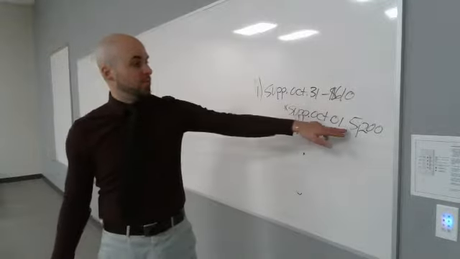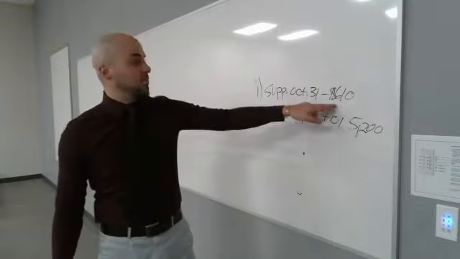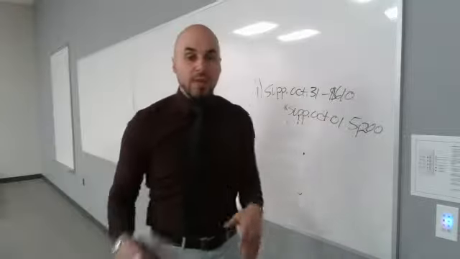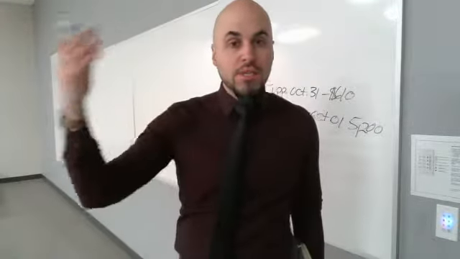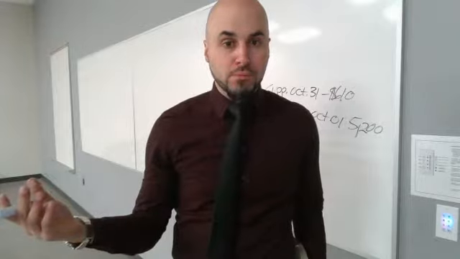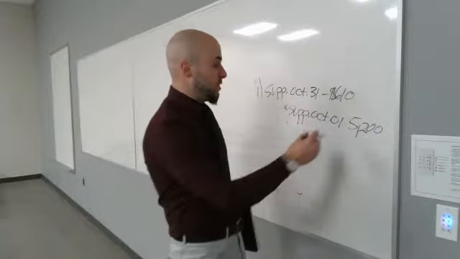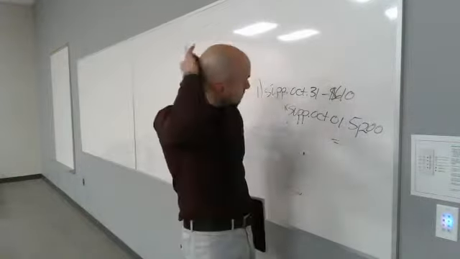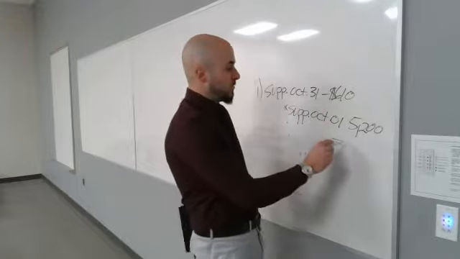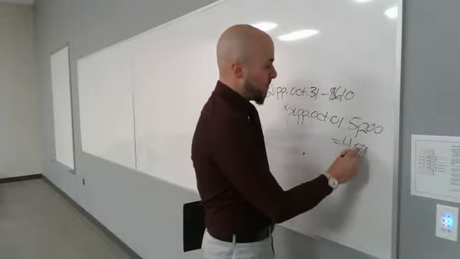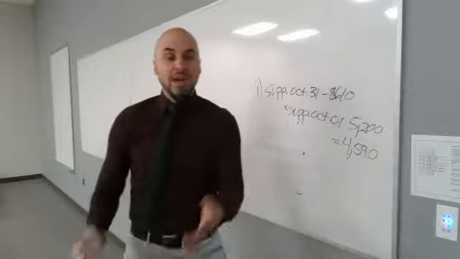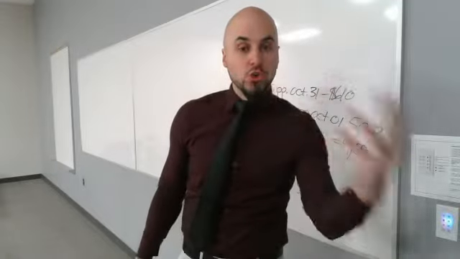So it has gone from 5,200 to now being only 610. That means we have used the difference. What is the difference? 4,590. 4,590 is the amount of supplies used.